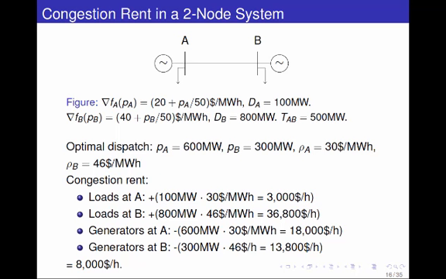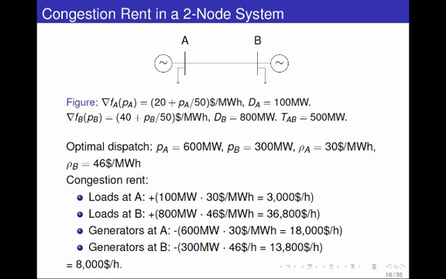Yes, the demand in A is 100, so generator A produces 100. After that, he sends what he can to bus B, just until the transmission limit is full. I agree with you.